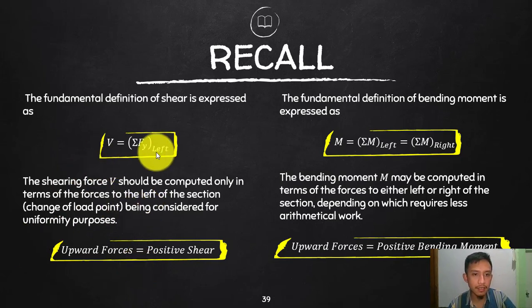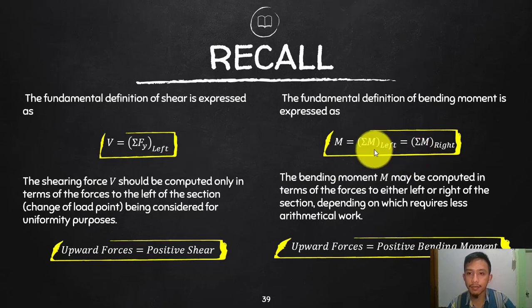The summation of vertical forces on the left side of your figure is the shear on the section that we are considering. And for the sign convention, we will follow upwards to be positive shear.